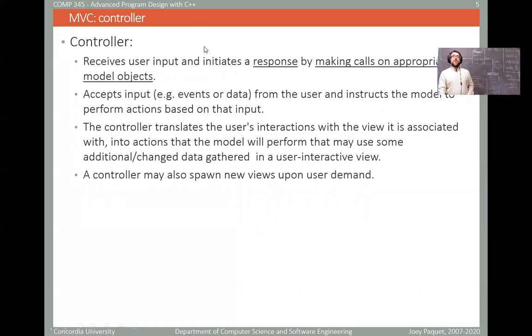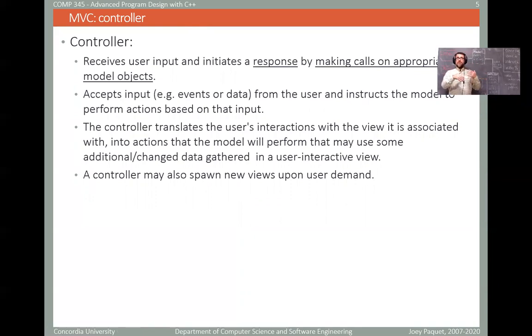Then you have the controller. Its task is to receive input from the user and somehow translate the meaning of these inputs into actions in the model. For example, it will trap a mouse click where the user is clicking on a window at a certain place, on a button or something.